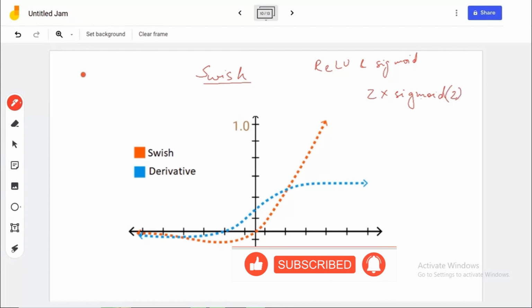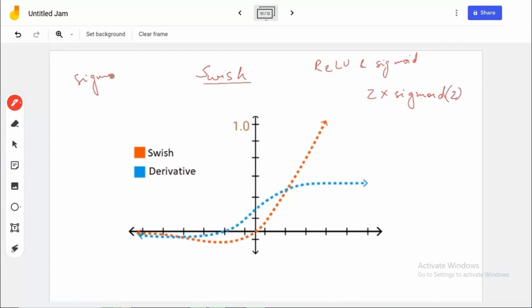By the way, sigmoid of z is also written as this. The derivative of this will be equal to sigmoid of z plus z into sigmoid of z into 1 minus sigmoid of z. So this is the derivative of the swish function.